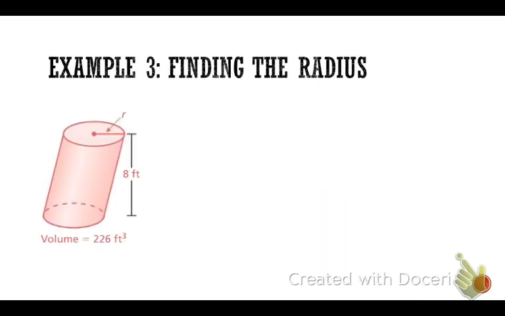All right, guys, Example 3. Finding radius. By this point in the lesson, you should be getting the hang of doing those substitutions into the formula pi r squared h.